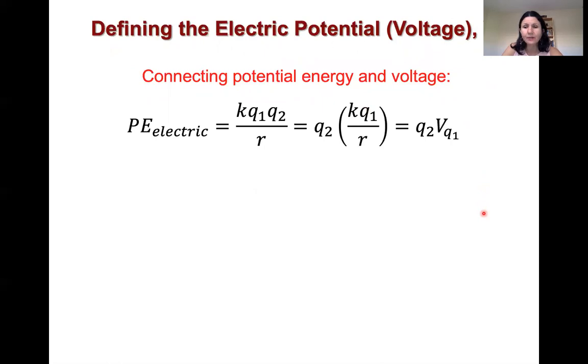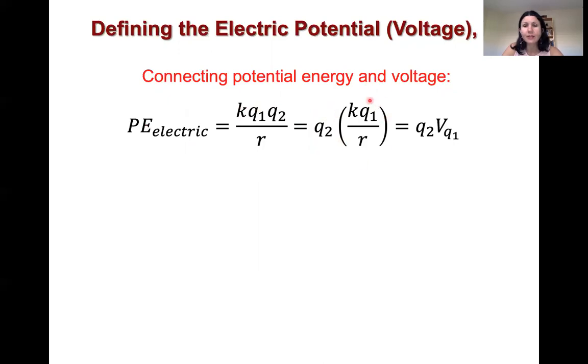So how are we going to define this? Well, the potential energy is something that's experienced between two charges. But now let's separate the role of these two charges. We will say that there's one charge Q2, and that's going to be what we call our test charge.